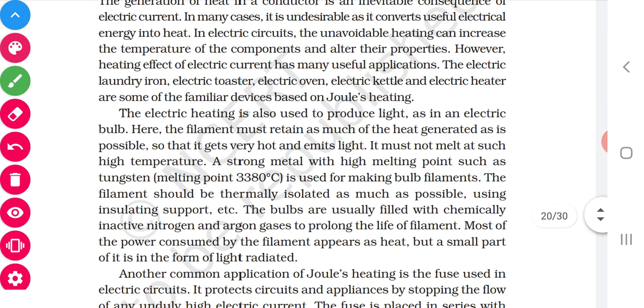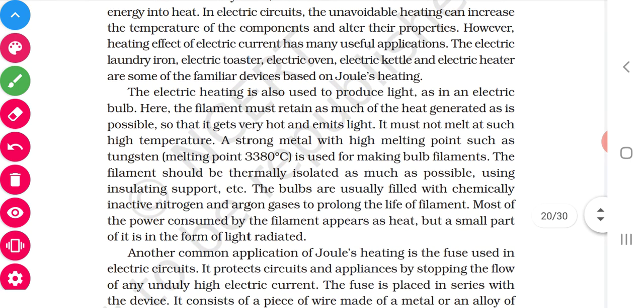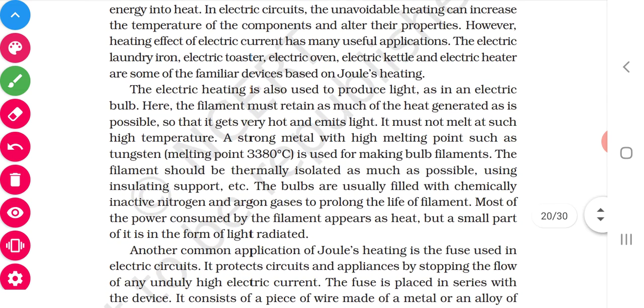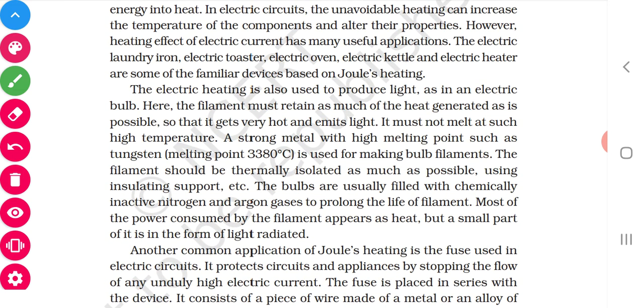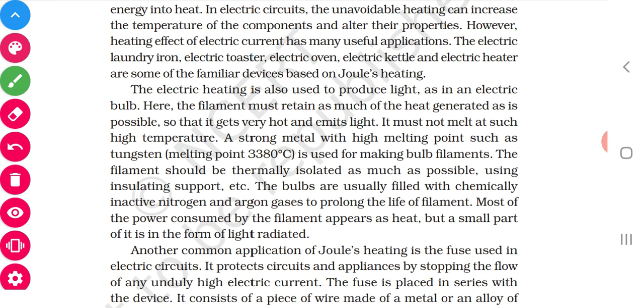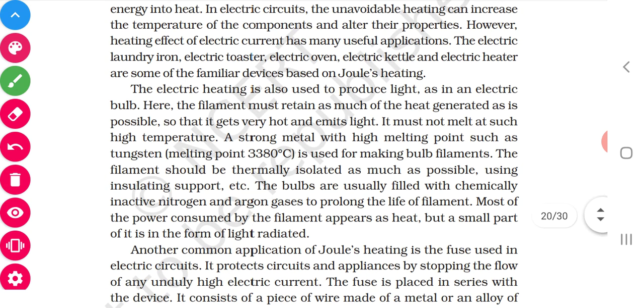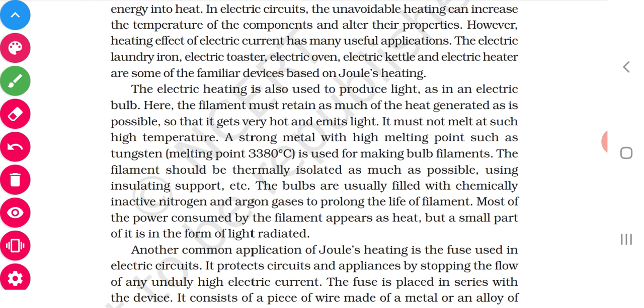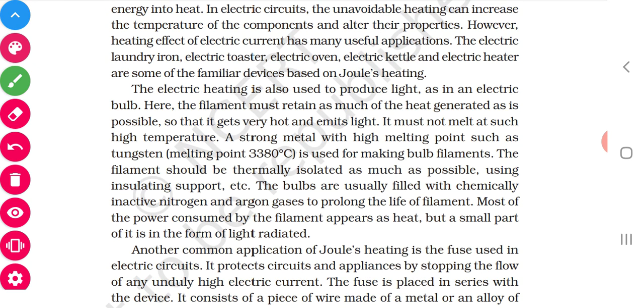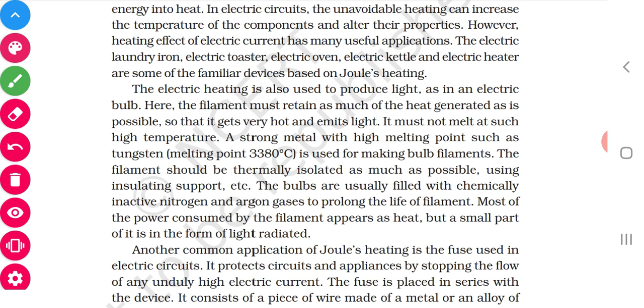In this electric bulb we have a filament that is made up of tungsten. So what happens is, when current passes, it dissipates in the form of heat. This tungsten has high resistivity and a high melting point also.